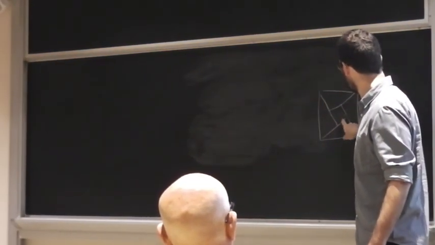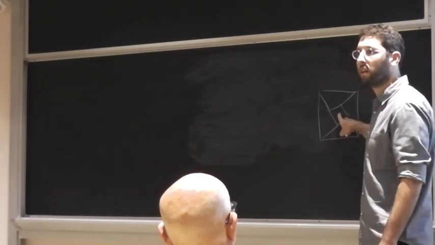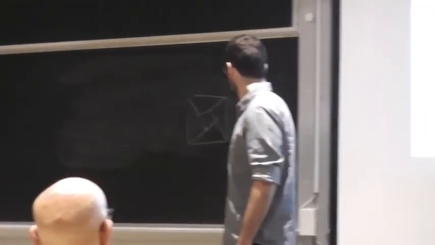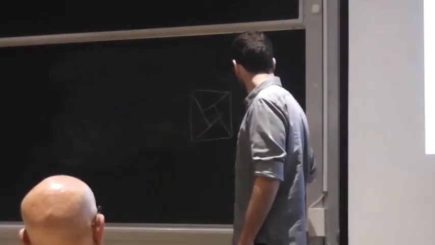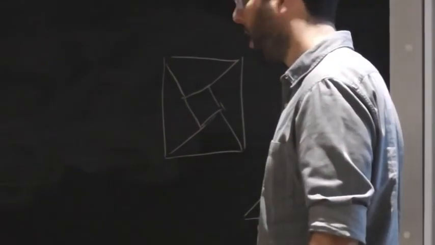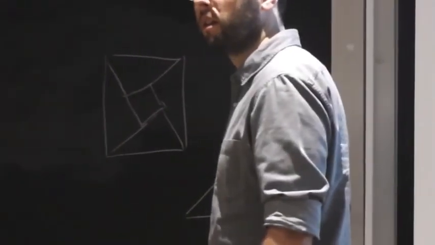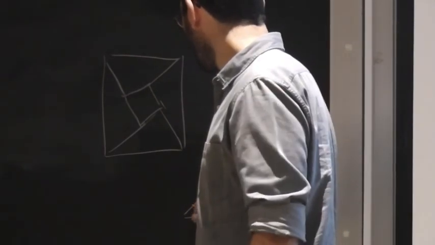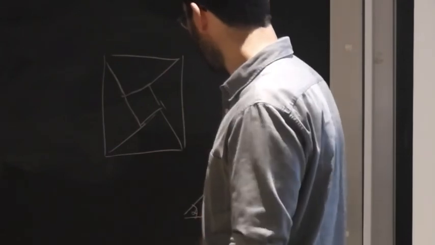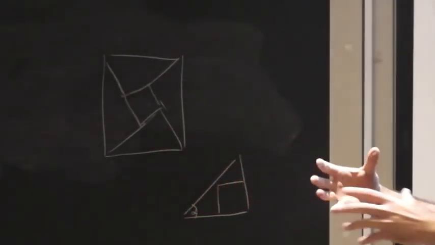So you get another square here, and you get these triangles, and the triangle is dissected in this way. So you get the same triangle in different scales, and the rectangle square is here. And if you just play around with this angle, you get different things.